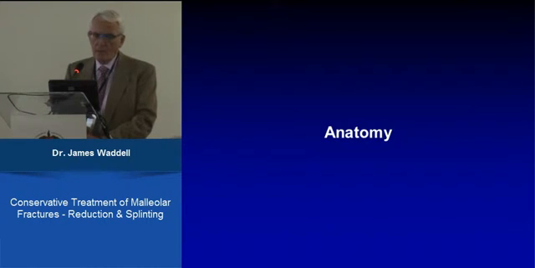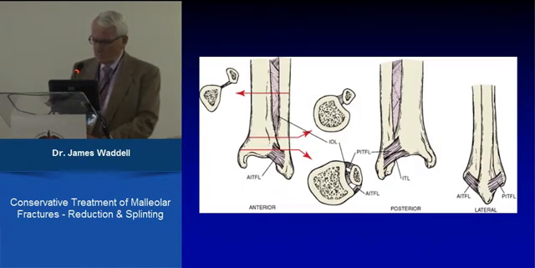The anatomy of the ankle joint is key to successful closed reduction of malleolar fractures. The ligamentous system around the ankle allows for ligamentotaxis and passive movement of fracture fragments into anatomic positions.